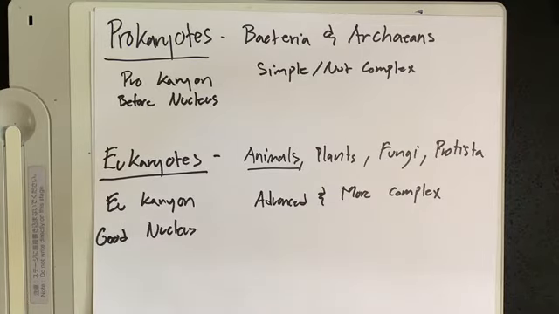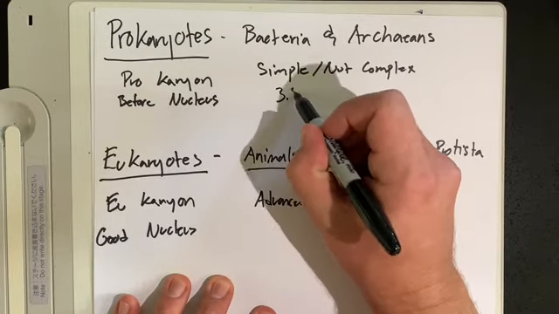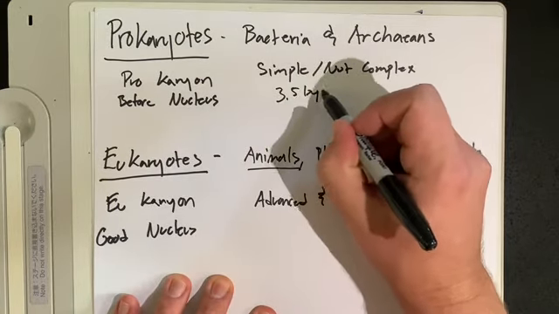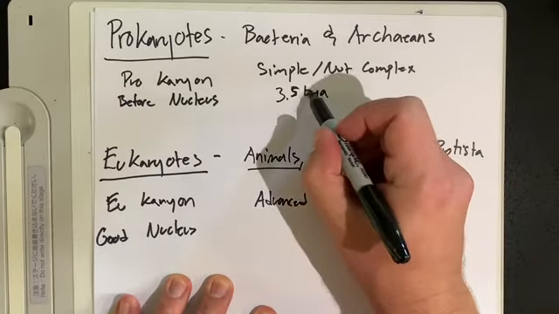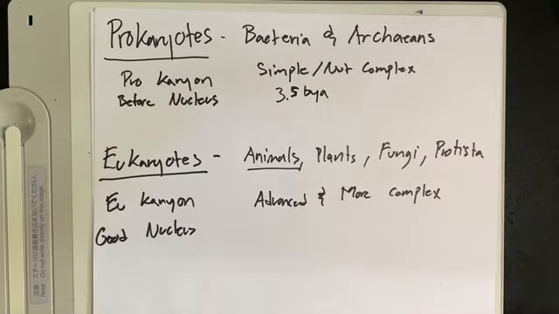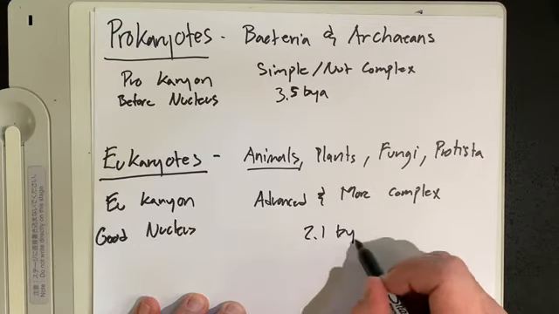So earlier I was talking about how our prokaryotes were the first form of life on Earth, and they were roughly about 3.5 billion years ago. So billion with a B. And our eukaryotes showed up roughly 2.1 billion years ago.